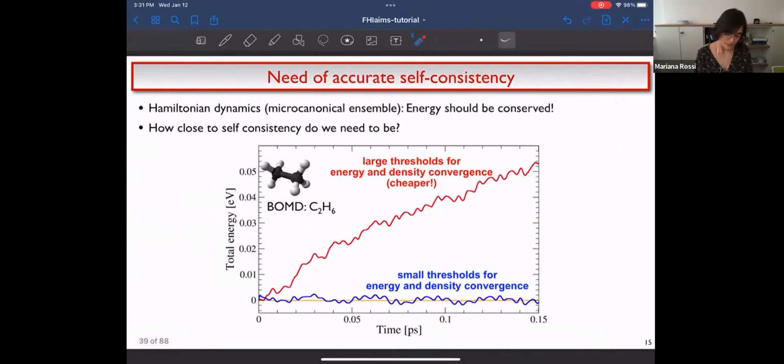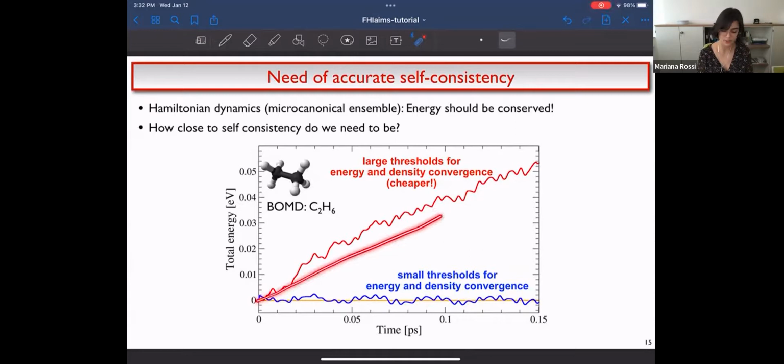So this is an old picture that I have in my talk. This is C2H6, and we're doing MD here. And what you would like to see is that as you propagate in time, the energy is conserved, right? So if you go to very tight thresholds for the convergence of the density, you see that at this point the energy was conserved.